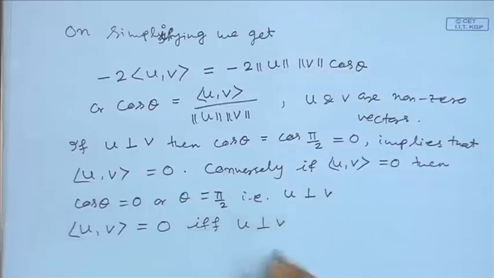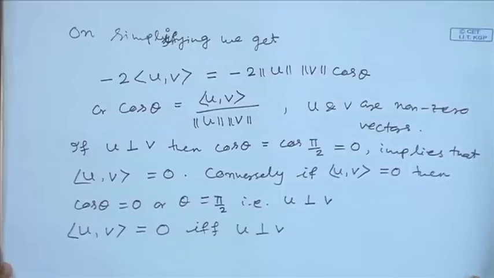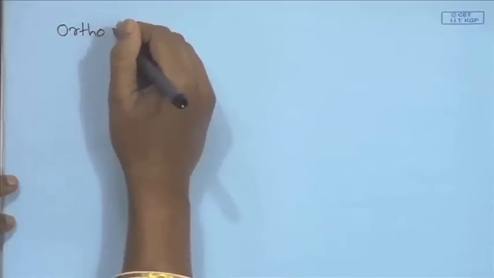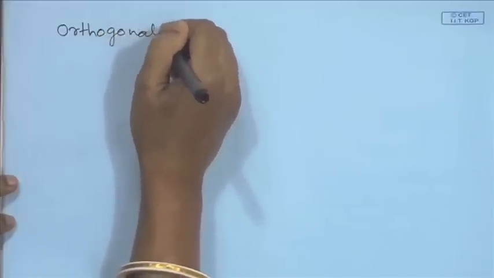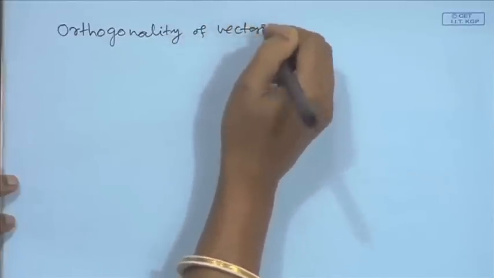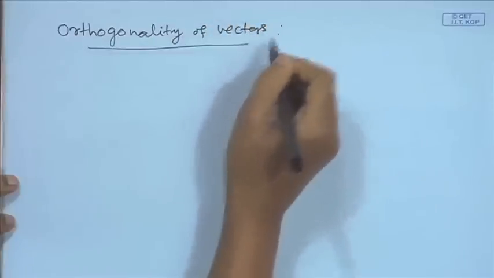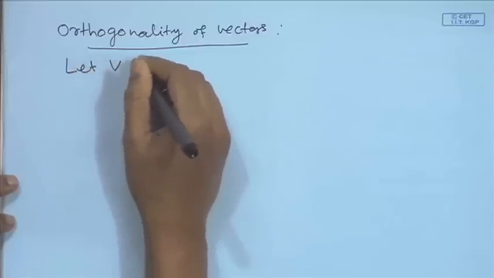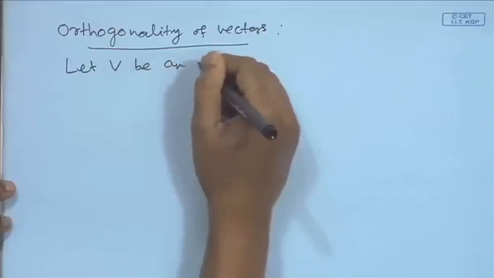Motivated by this concept, one defines orthogonality for vectors in an inner product space. So, here we shall define orthogonality of vectors in an inner product space. Let V be an inner product space.